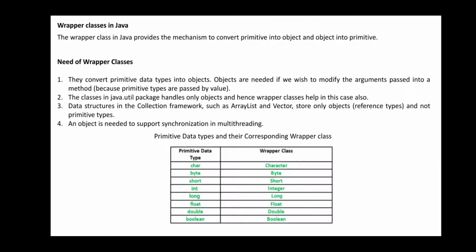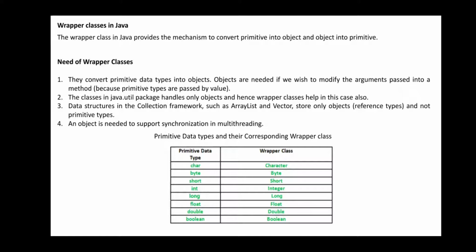Today I will go with the next topic, wrapper classes. Wrapper classes are the classes which convert normal primitive data types to objects and objects back to primitive data types, vice versa.